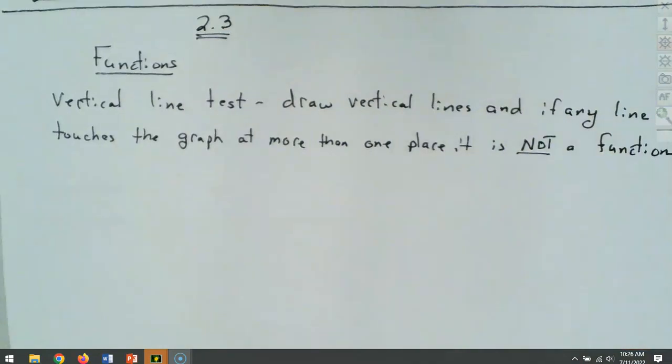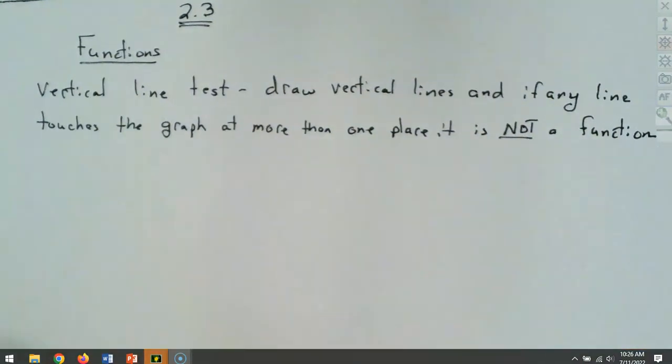Okay, so you draw vertical lines, and if any line touches that graph at more than one place, it's not a function. Now, we will later on learn about the horizontal line test, and that's completely different.